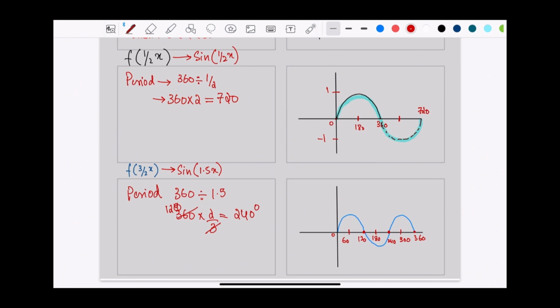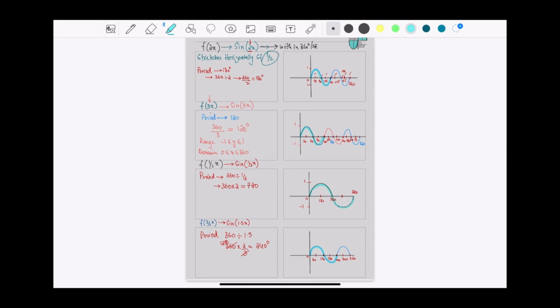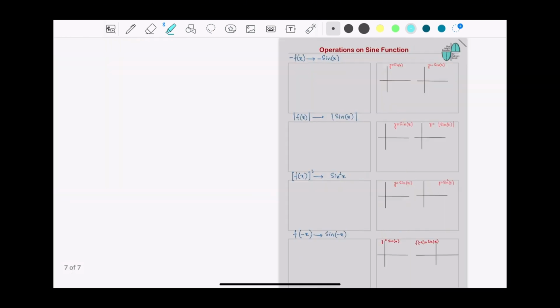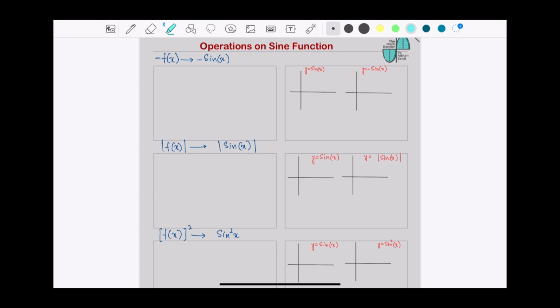So at 240 one wave is completed, as you can see. This is one wave which is completing at 240 degrees. The range of this function is again from -1 to 1. So let's look at some more operations on it.